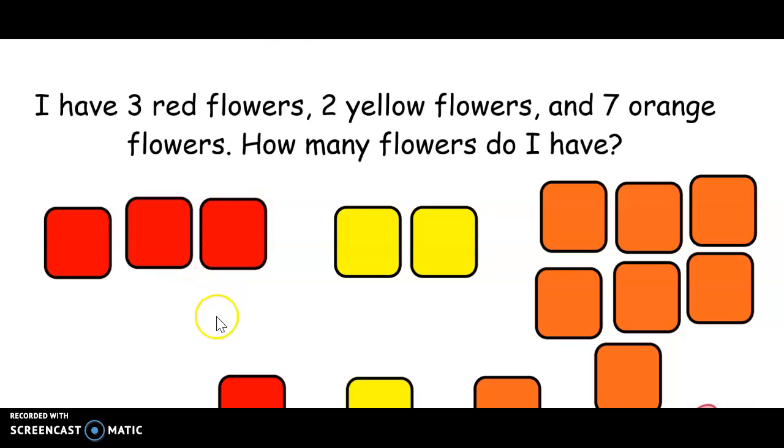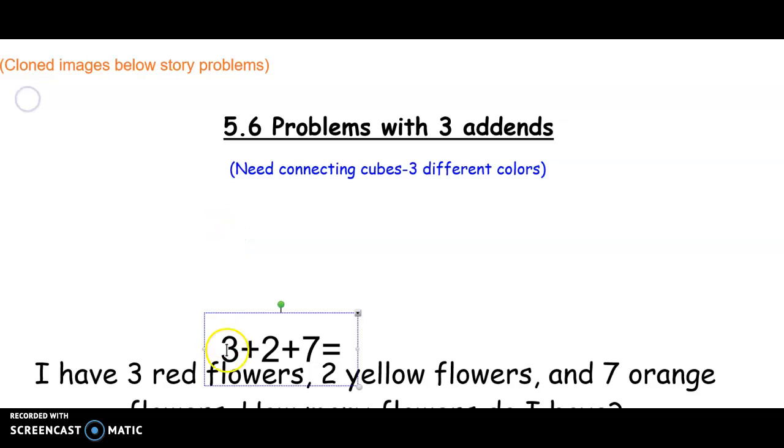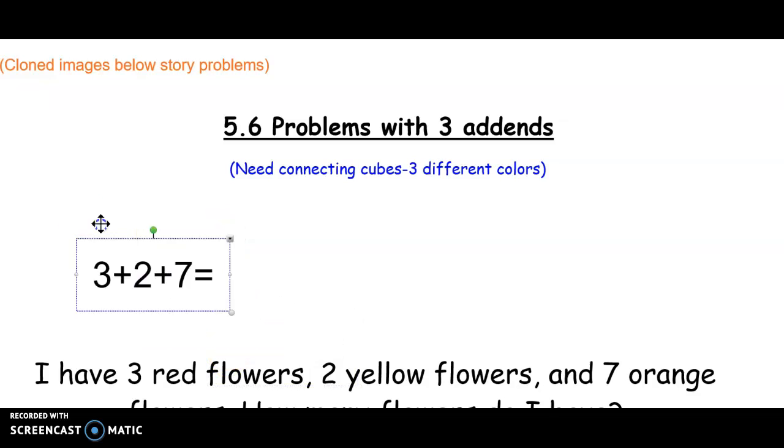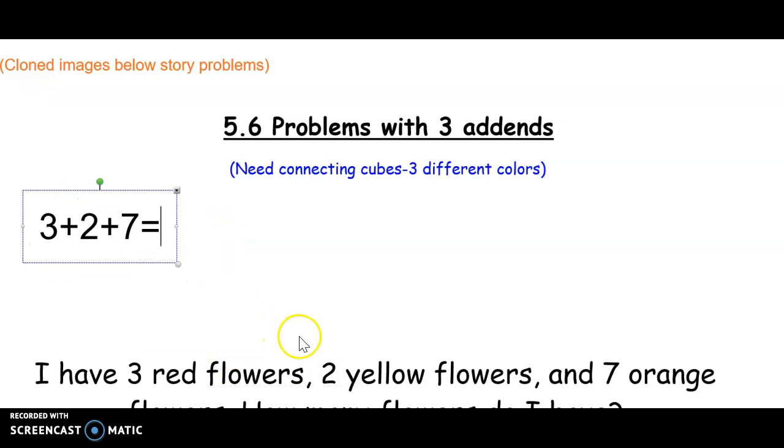Let me show you that. 3 plus 2 plus 7 equals, okay, and there's multiple different ways that you can solve this. So I'm going to take this back up here and show you how we can solve this. 3 plus 2 plus 7. Many different ways.